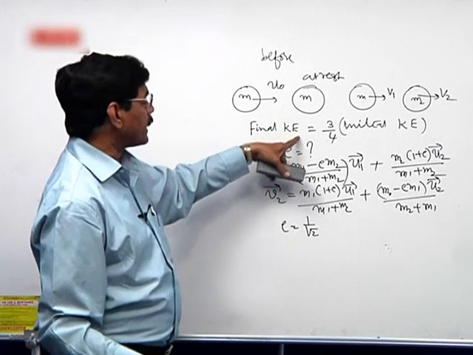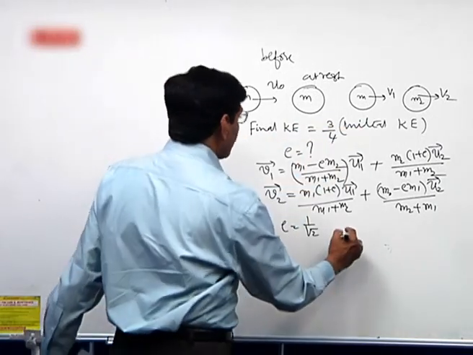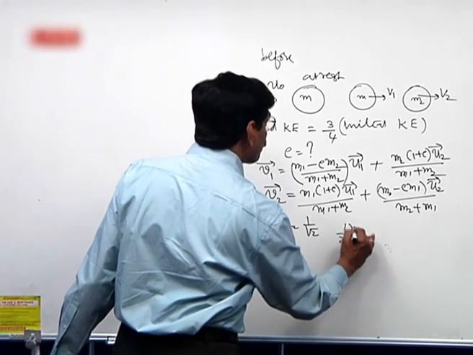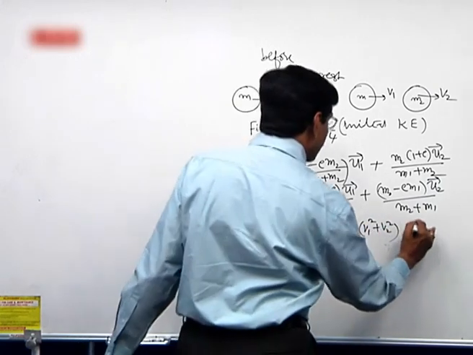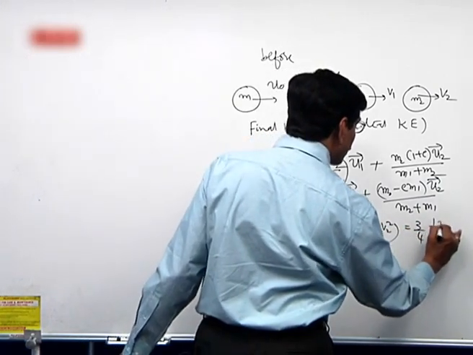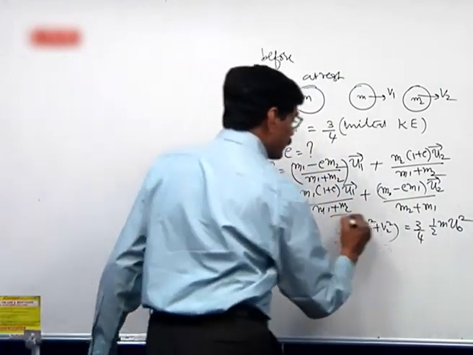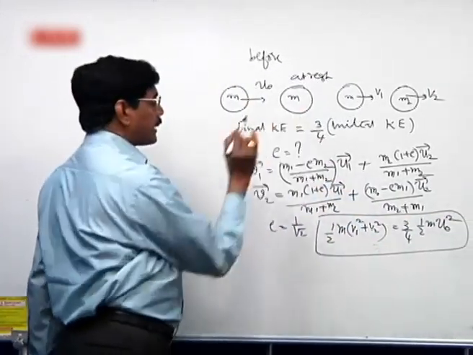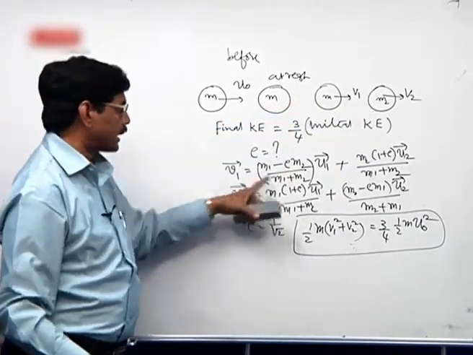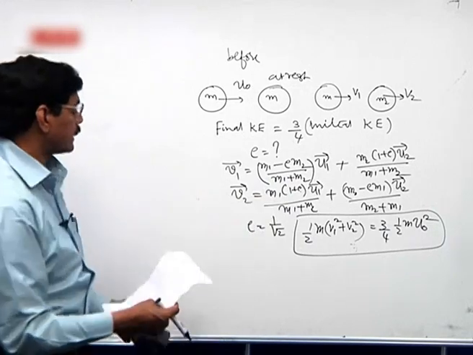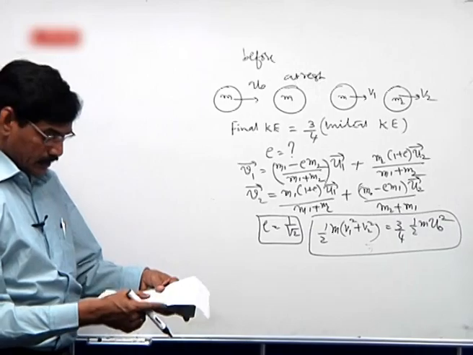Next, the final kinetic energy is half m into (v1 squared plus v2 squared), which is equal to 3/4 of half m u0 squared. This equation is given in the problem, and the other two equations give v1 and v2 in terms of e. Solving these, we get e equal to 1 by root 2. That's how we calculate it.